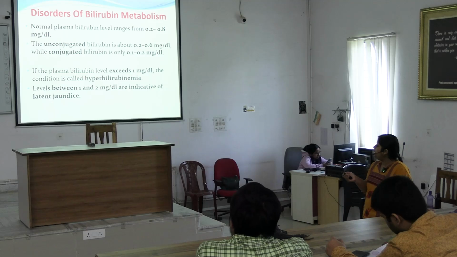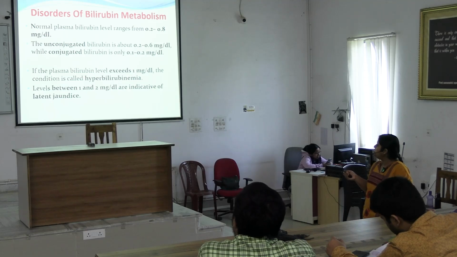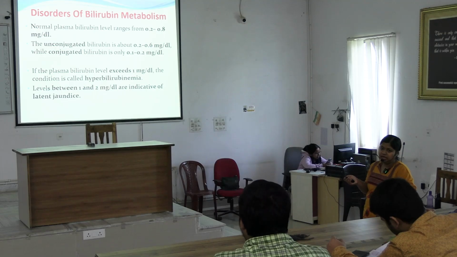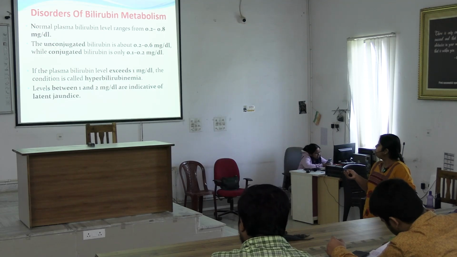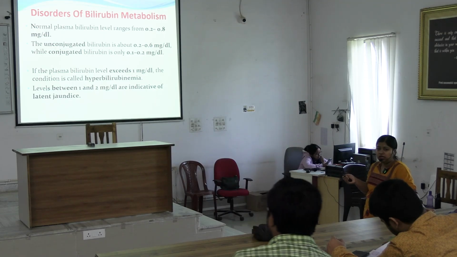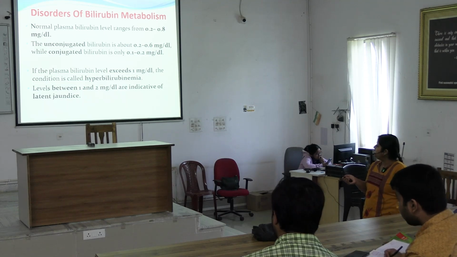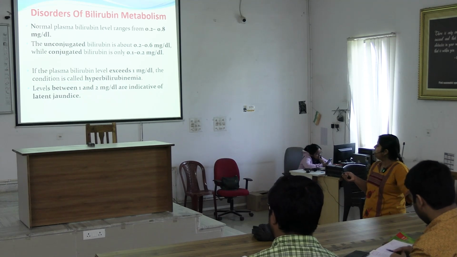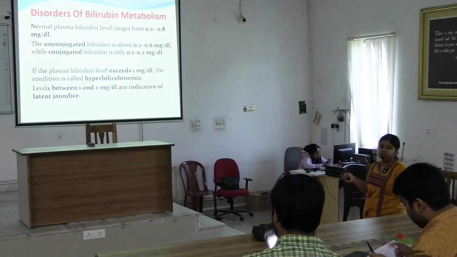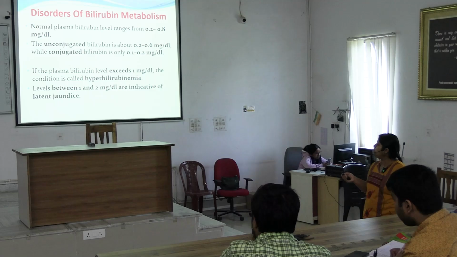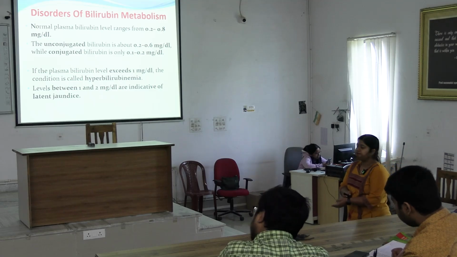Total plasma bilirubin level ranges from 0.2 to 0.8 milligram per dl. Among which, look at the values, unconjugated bilirubin is about 0.2 to 0.6, whereas conjugated bilirubin is very low, 0.1 to 0.2.